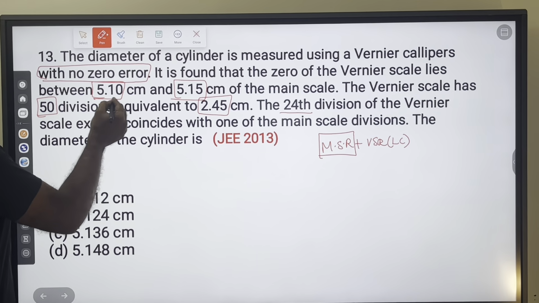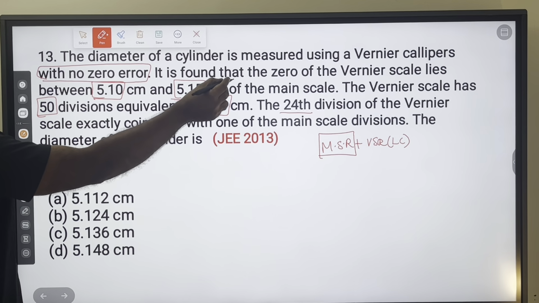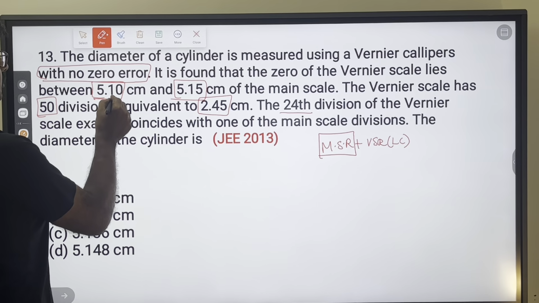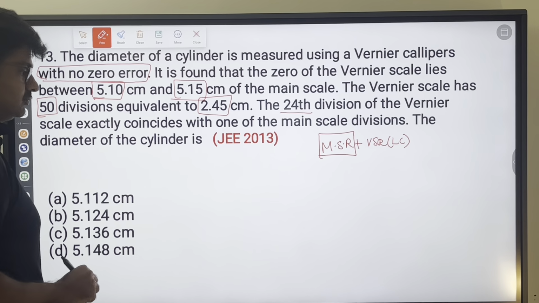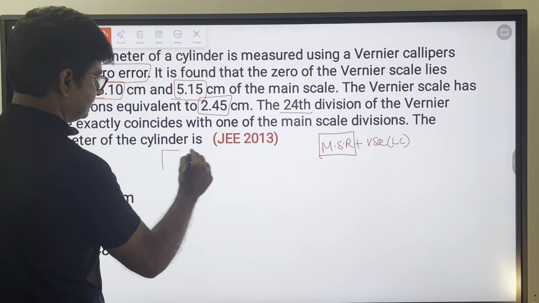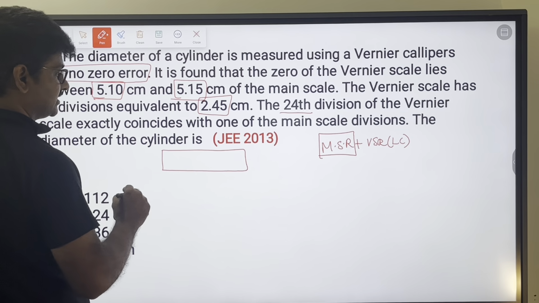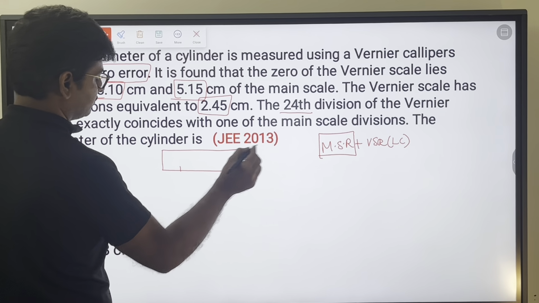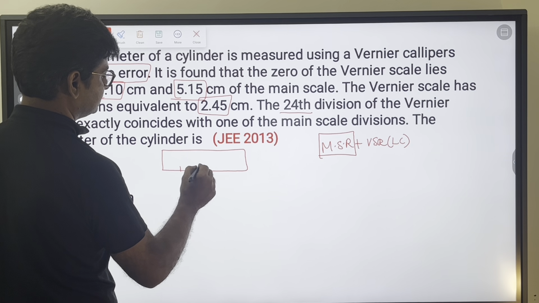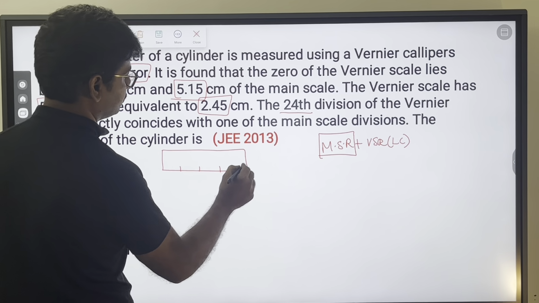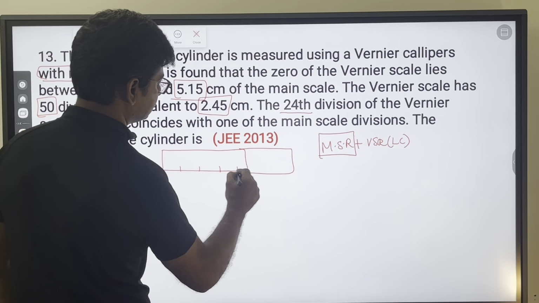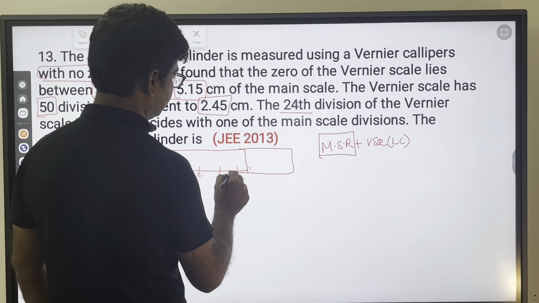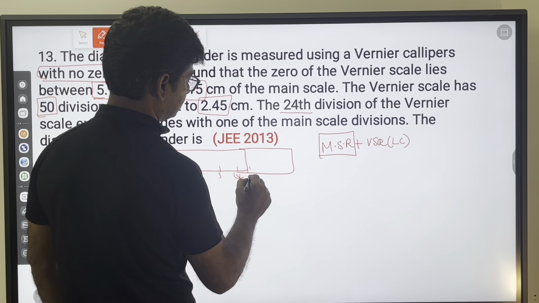See, what is given is, the zero of vernier scale lies between 5.1 and 5.15. What do you mean by this? You have a main scale, right? So you have some divisions, 1, 2, 3, 4, 5, like this.